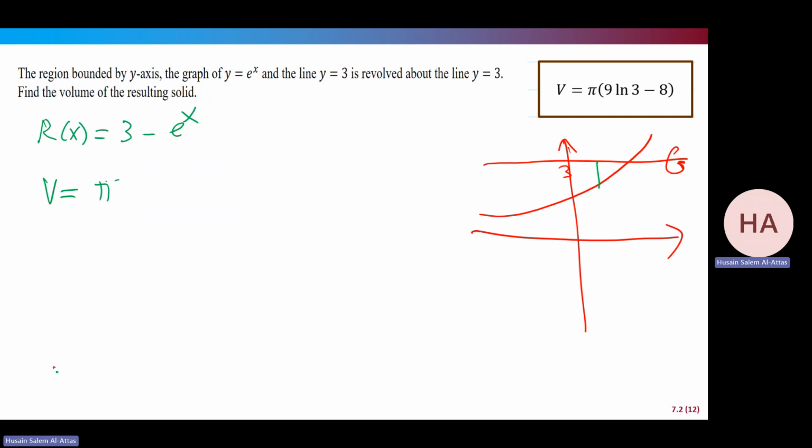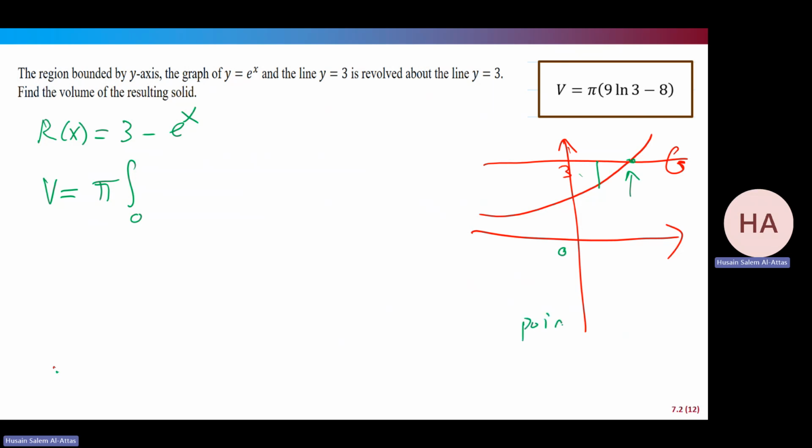The volume will be pi times the integral from 0. Now this is 0 to what? The x values start from 0, until this point. This point will be the intersection between the two functions.